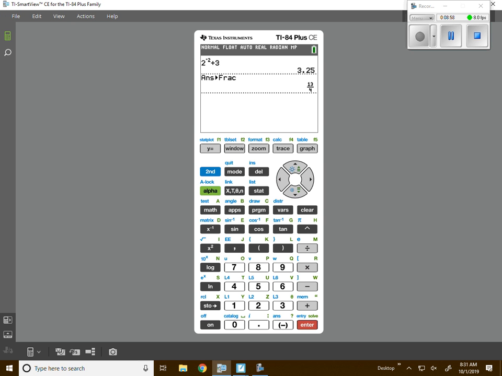So my TI Inspire friends find the caret button. Oh, it's right here. Okay, right here next to the x squared. Okay, it looks like a little caret. Okay, so you hit that, it'll take you up. Same deal, you have to press the right arrow to take you out.